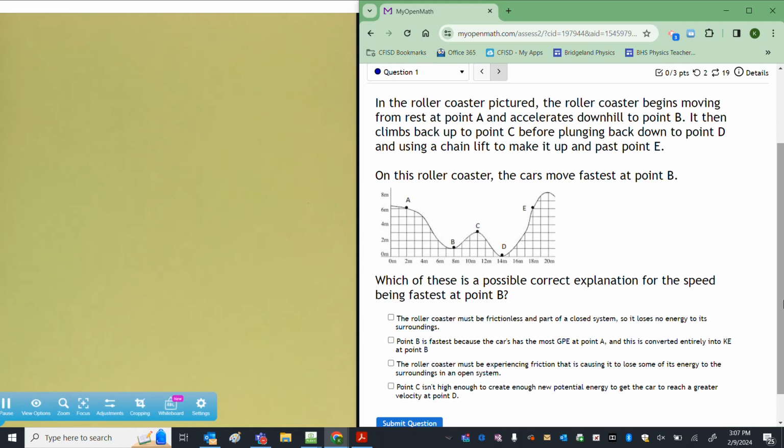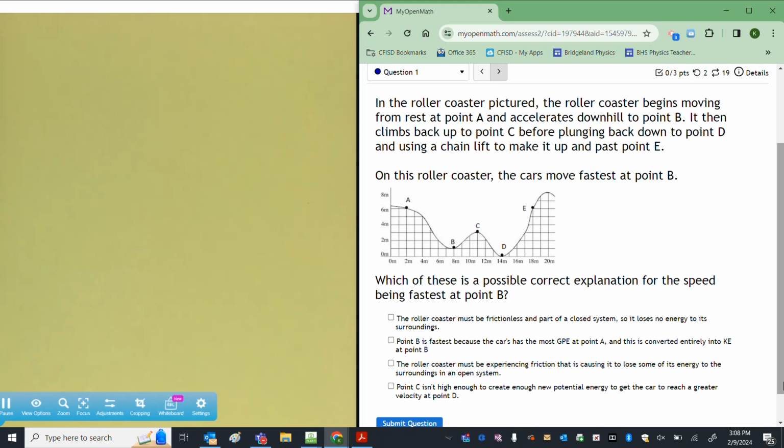What could cause your roller coaster to lose energy so that it's moving slower at point D? And the only answer here that's going to make sense is that there's friction. If there's friction along this roller coaster, and maybe there's a lot of friction on this hill between B and C and D, we don't know, then that friction would be an external force doing work on the system and would cause your system to lose energy.